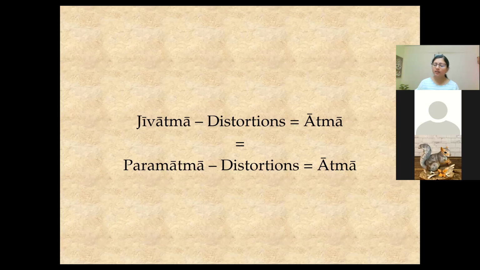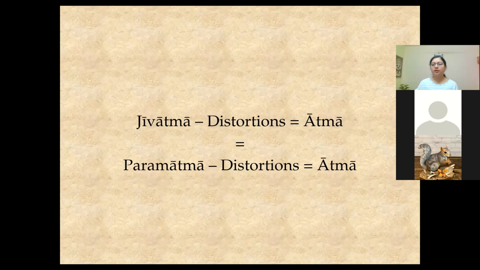Why are we calling it distortion? Because what is the original? Original is Atma, right? Does Atma have any attributes like big or small? No, Atma has no attributes at all. But in the reflecting medium of Jivatma, Atma appears to be small and inferior. And in the reflecting medium of Paramatma, Atma appears to be very large and all powerful.